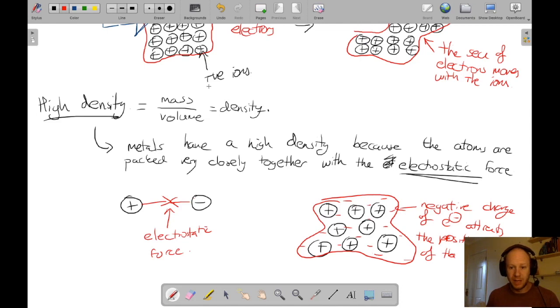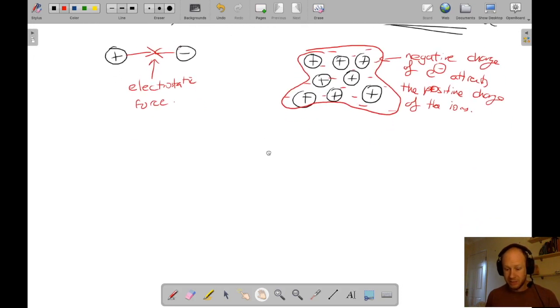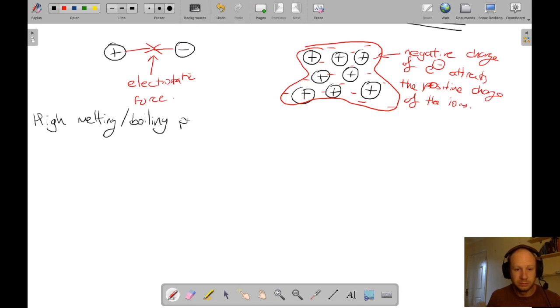All right. Another thing we need to talk about is why they have a high melting and boiling point. Why do these things have a high melting and boiling point?